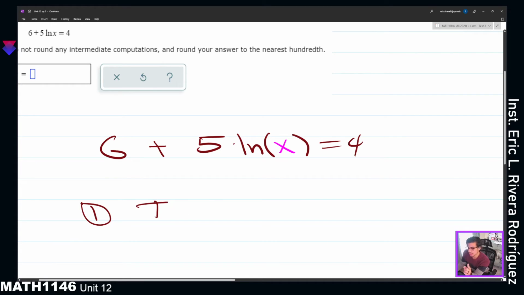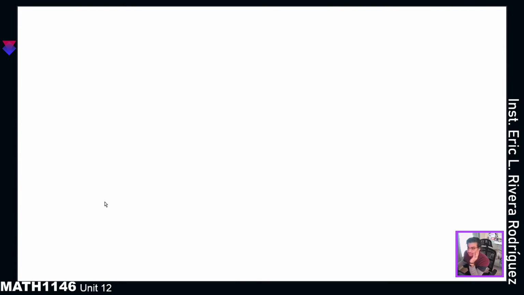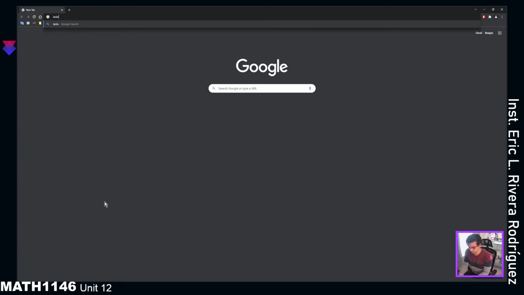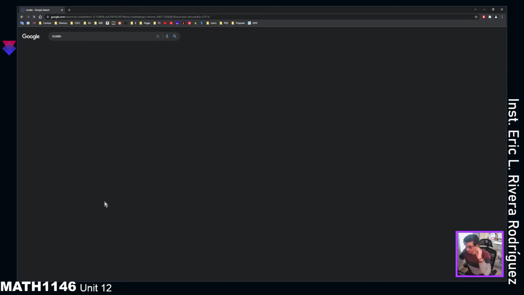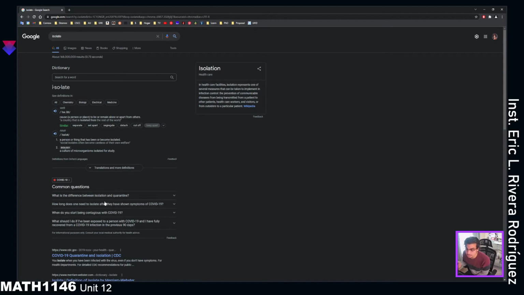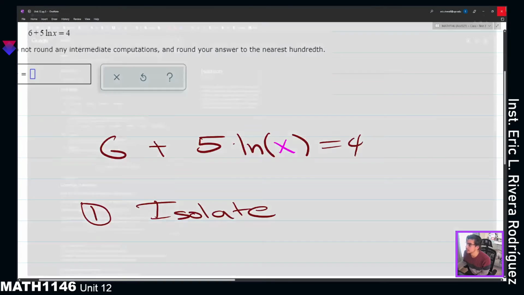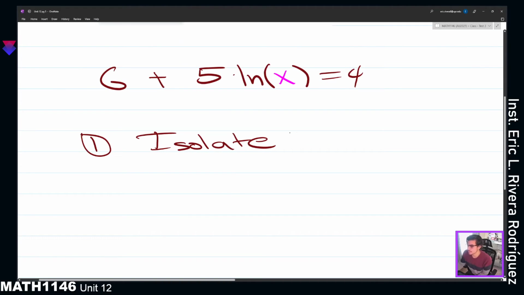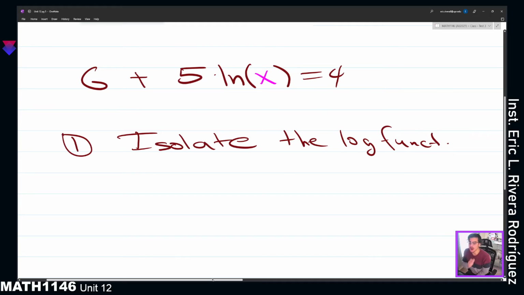So isolate the log function. So how are we going to do that?